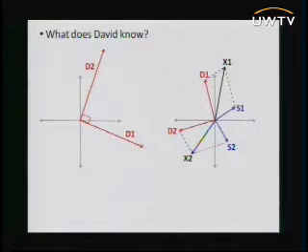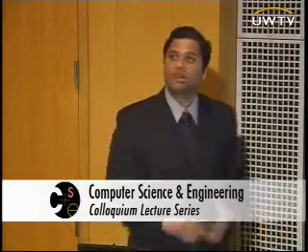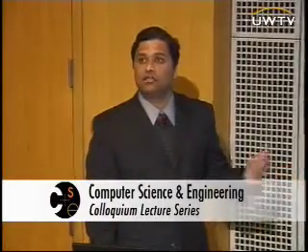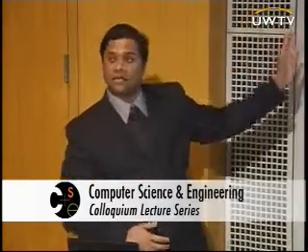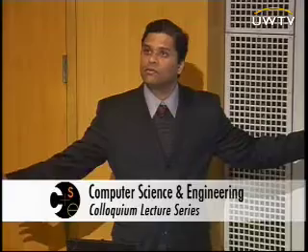He also knows X1 and X2, because those are the complex numbers he actually received. But he does not know what happened to his complex numbers after they went through the wireless channel, and he definitely does not know what Sumit sent. If he did, he would already know what bit Sumit transmitted. So this is all he knows: what he transmitted and what he just received.